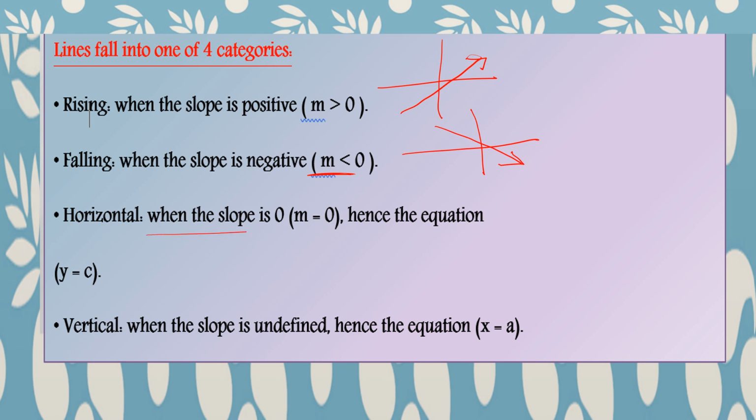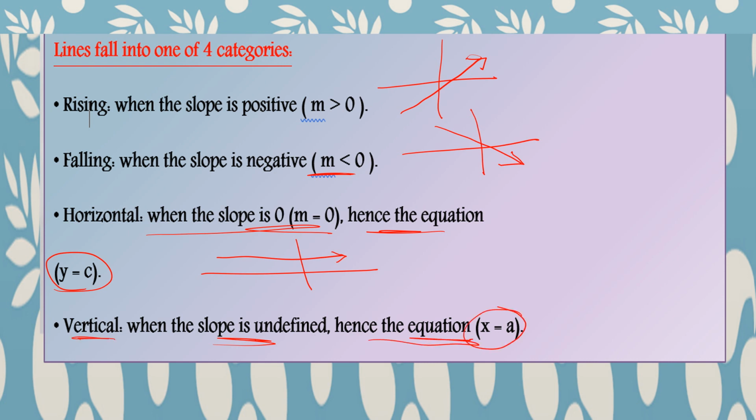When the slope is 0, m equals 0, hence the equation of the straight line would be y equals c, and the line would be horizontal. When the slope is undefined, hence the equation of the straight line is x equals a, and the line would be vertical.